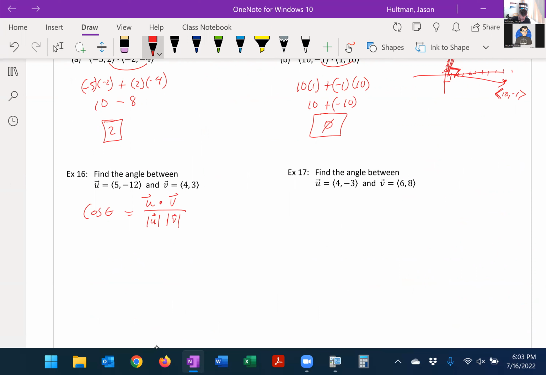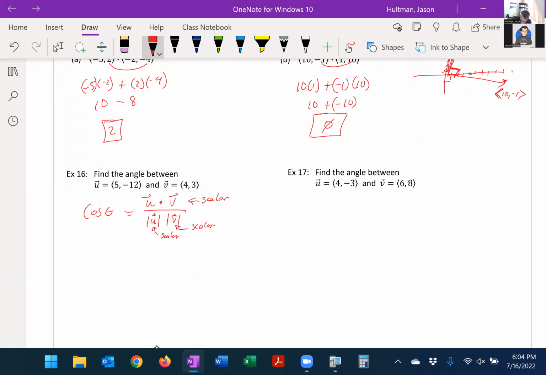Okay, so I'm going to end up with a scalar over a scalar, just a number over a number, because u dot v gives me a scalar, the magnitude is a scalar, and the other magnitude is a scalar. So the whole thing is a scalar.